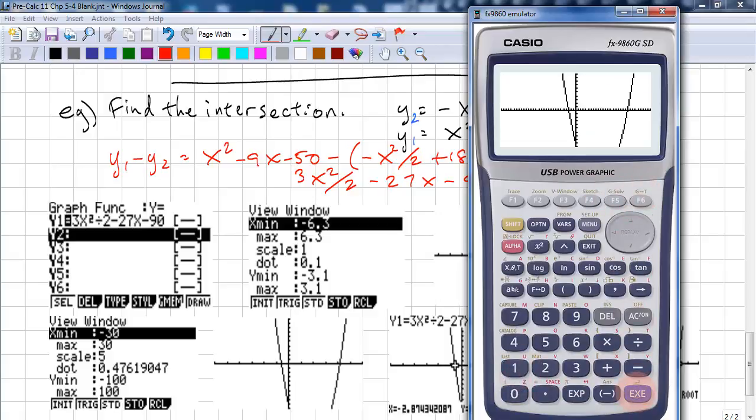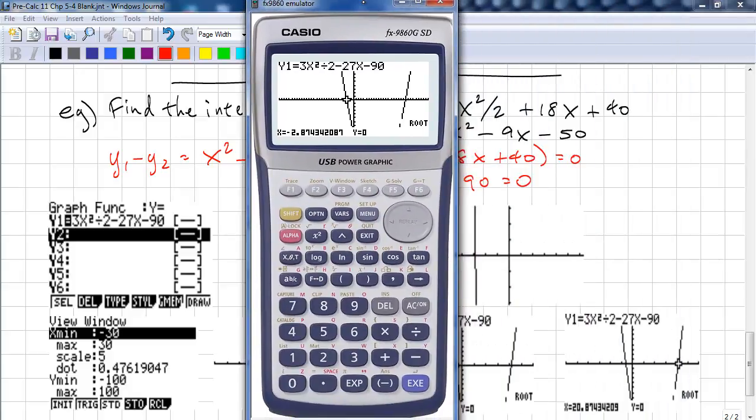And draw. Okay, that gives us a slightly better graph. And again, we're solving for the root. So we get negative 2.87 approximately, and press right, and we get 20.87 roughly.